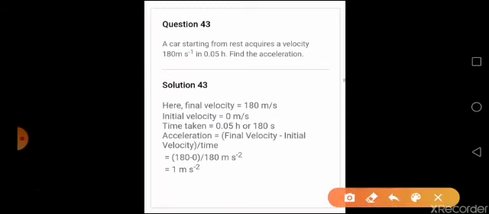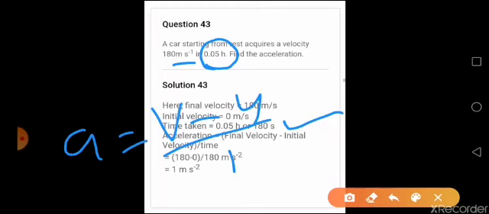Now one thing you have to remember when you see the question here, time is given 0.05 hours. See, it is in meter per second, so you have to convert it to seconds. Right? So hour you have to convert to seconds, and then using the equation a is equal to (v minus u) by t, you can calculate acceleration. Clear?